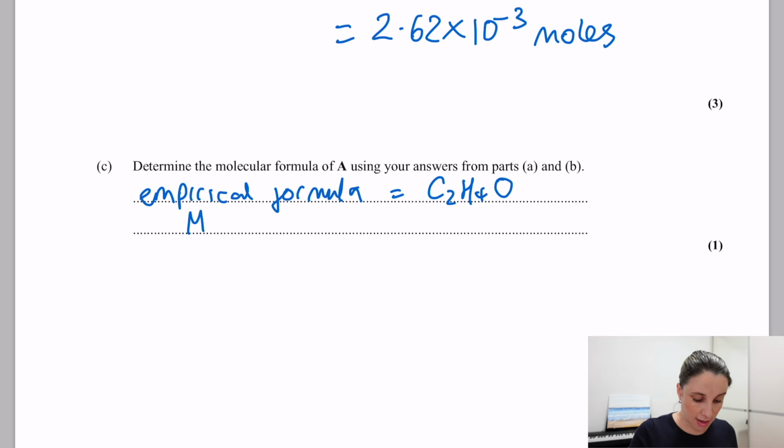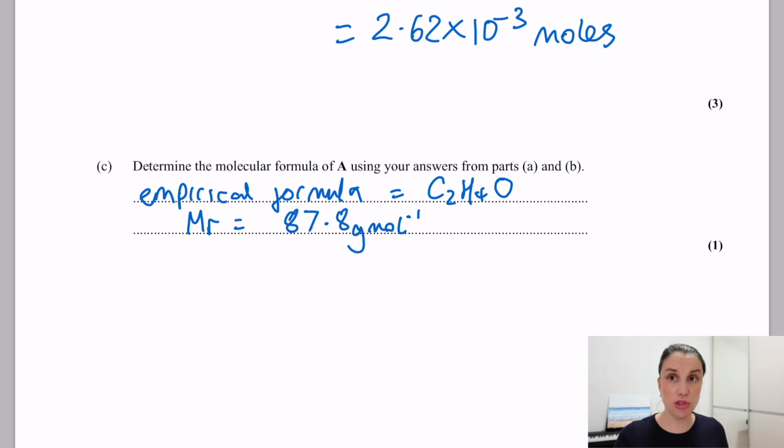And from part B, I deduced that the relative molecular mass was 87.8 grams per mole. Okay, so those are the 2 pieces of information that I have. So what I need to do first is to work out the relative formula mass of this empirical formula unit. And if you work that out, you get a value of 44 grams per mole, roughly.